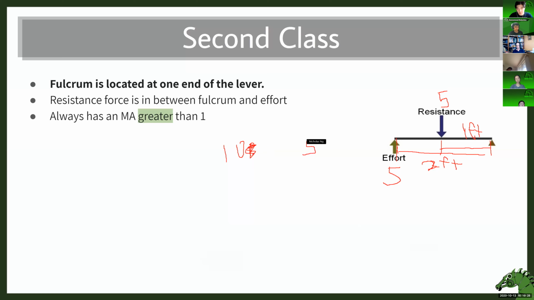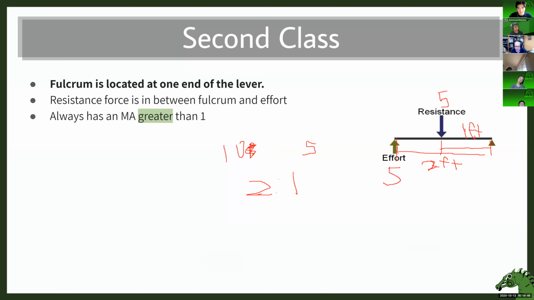And since these are going in opposite directions, your ratio is going to end up being 1 to 2, or 2 to 1, also known as 2. 2 to 1, since it's output over input. I guess that doesn't really apply here.